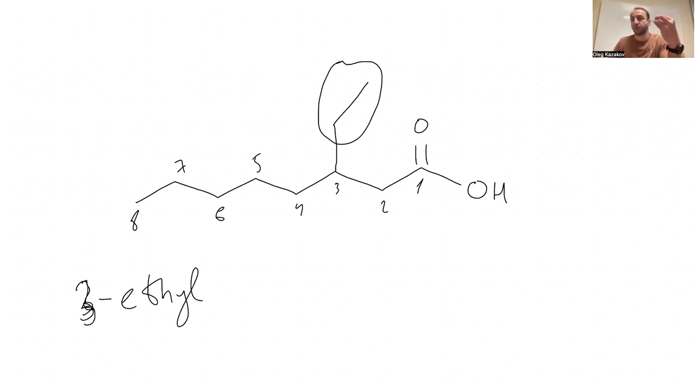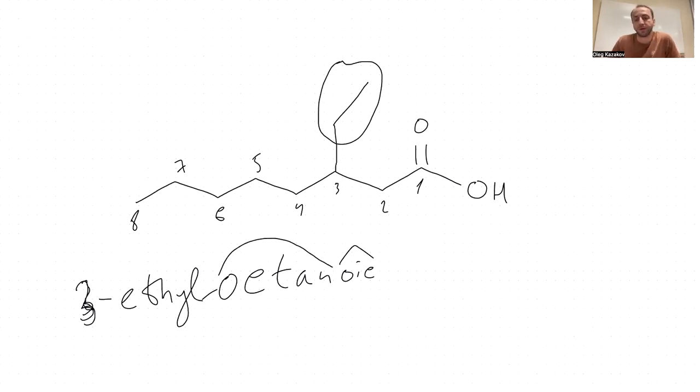That was octane, just a straight chain of 8 carbons. So we are going to use the root octane here. So 3-ethyl, then we'll continue to the root. Then for the carboxylic acid, we are going to use the suffix oic, O-I-C. So this is our root, this is our suffix. 3-ethyloctanoic acid.